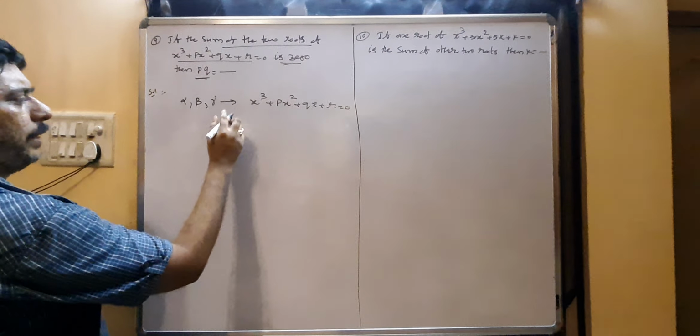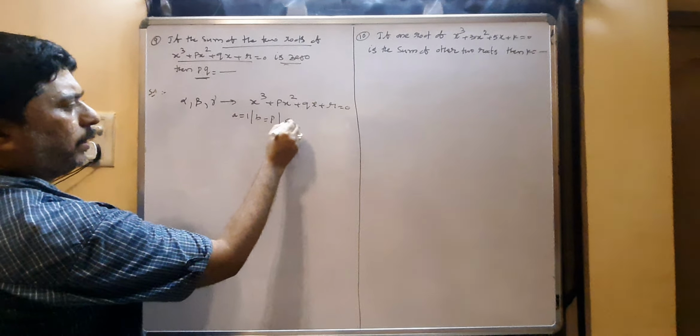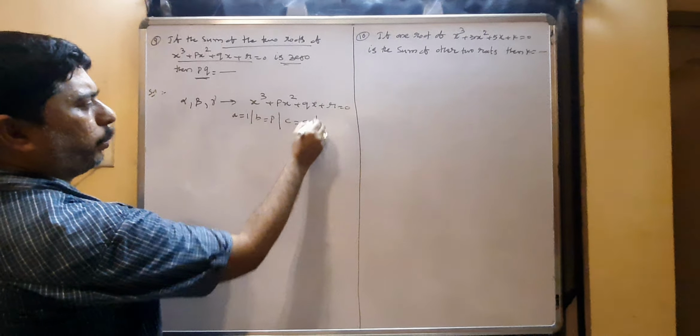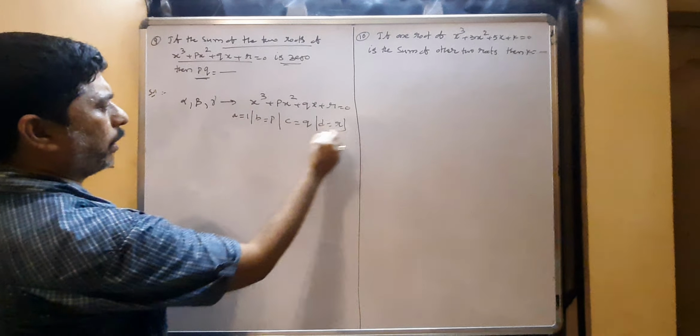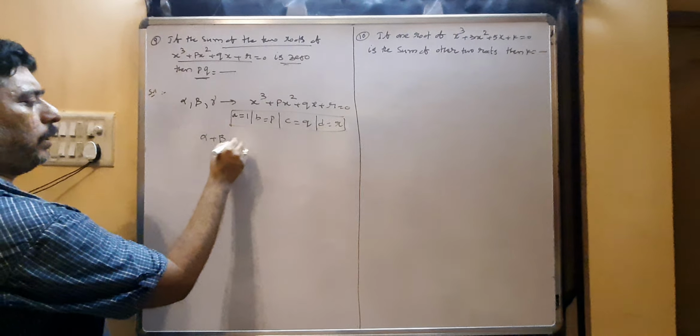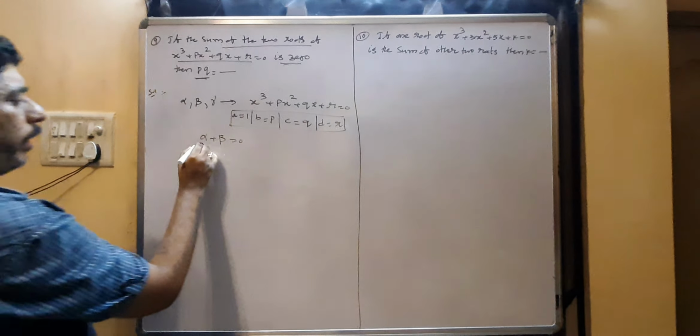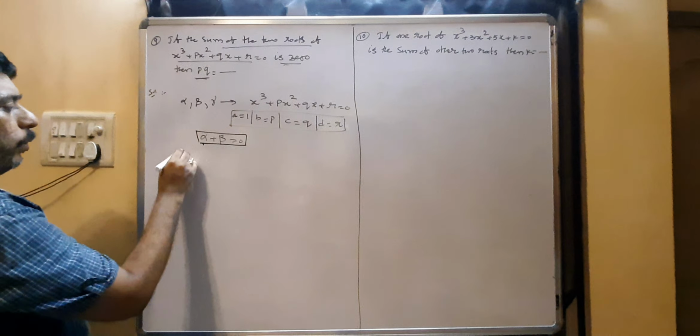The coefficient of x cube is a equal to 1, b equal to the coefficient of x square, p, c equal to the coefficient of x, q, d equal to the constant r. The given condition is alpha plus beta is 0.